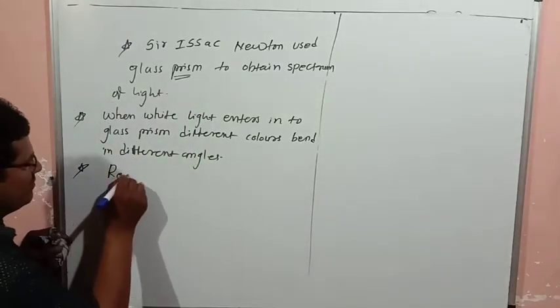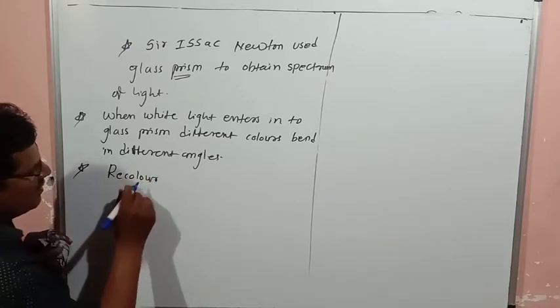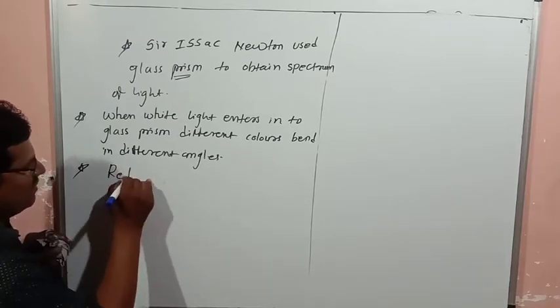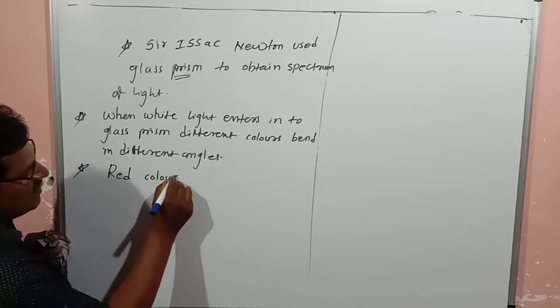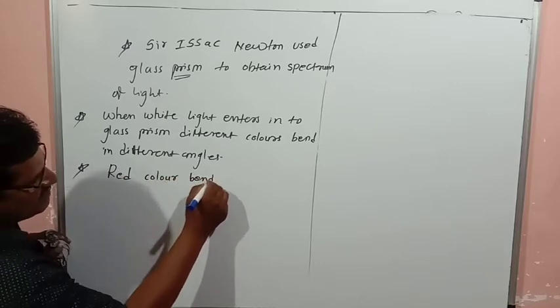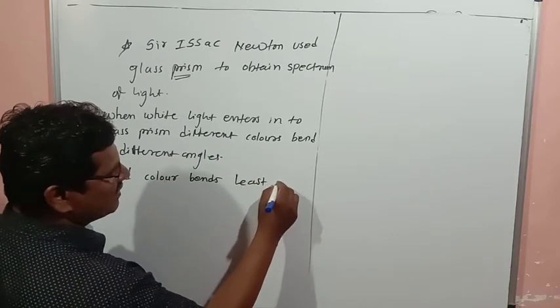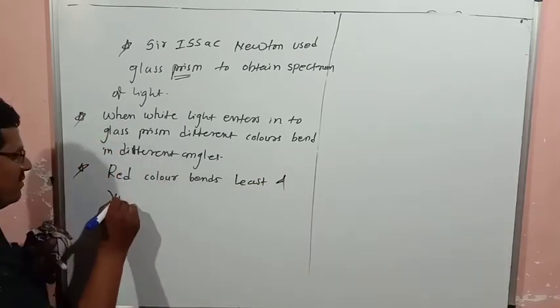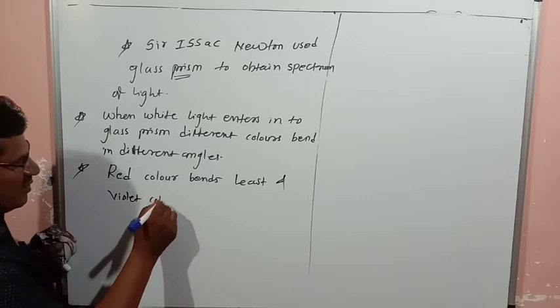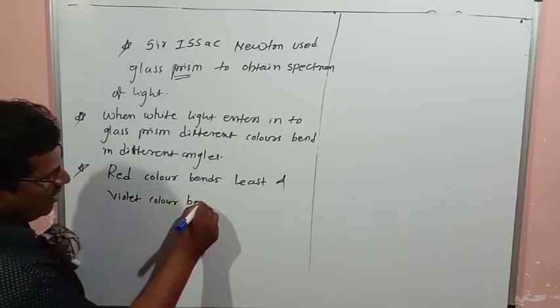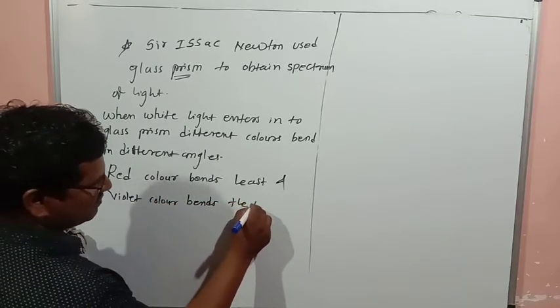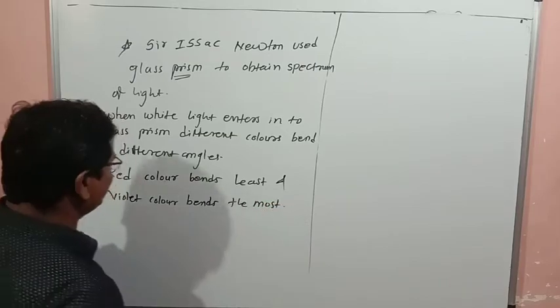Red color bends least, means less, and violet color bends the most, means maximum.